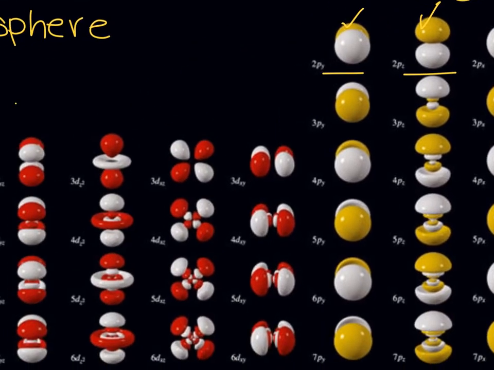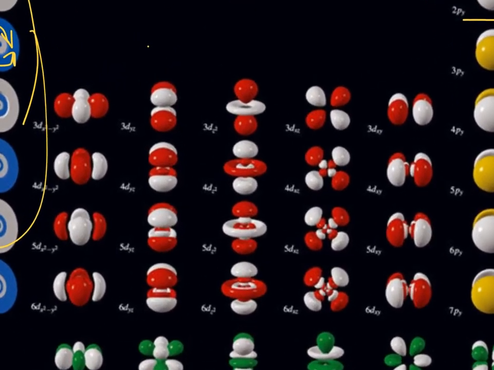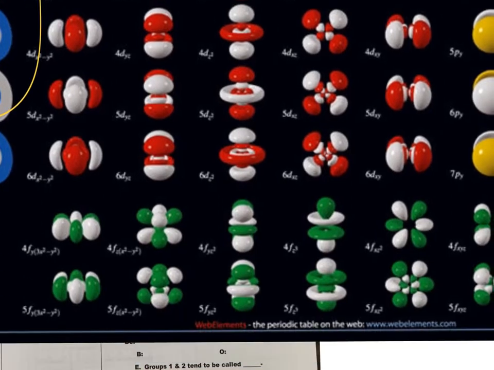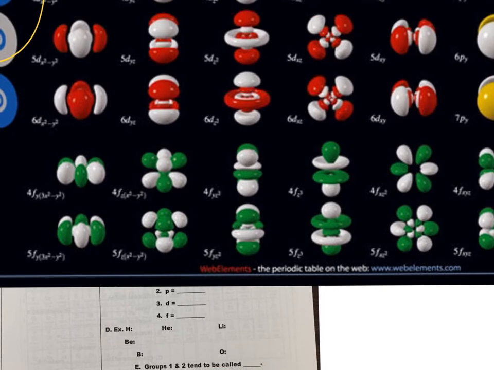When you get to the middle area, they start looking like double dumbbells or flowers. These things tend to look like donuts right here in the middle. And then looking down here, you can see that those just get really stinking crazy, okay? So what I need you to imagine is when we're talking about these orbitals, these things are layered.